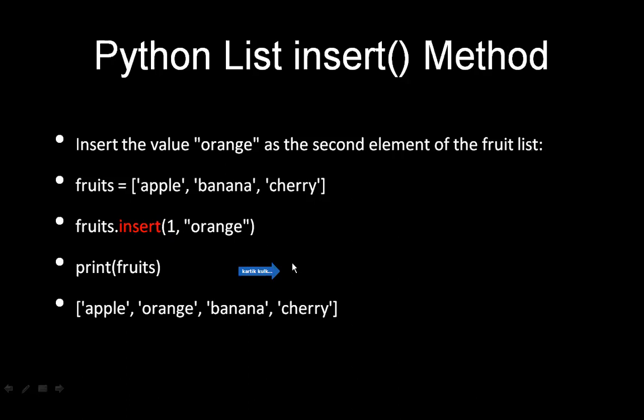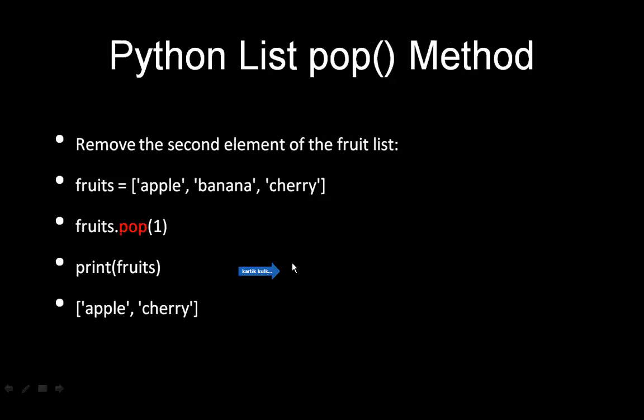Now next we will move into the pop method. What do you mean by pop? For what purpose is the pop method used? You need to understand this. The name itself will tell you.